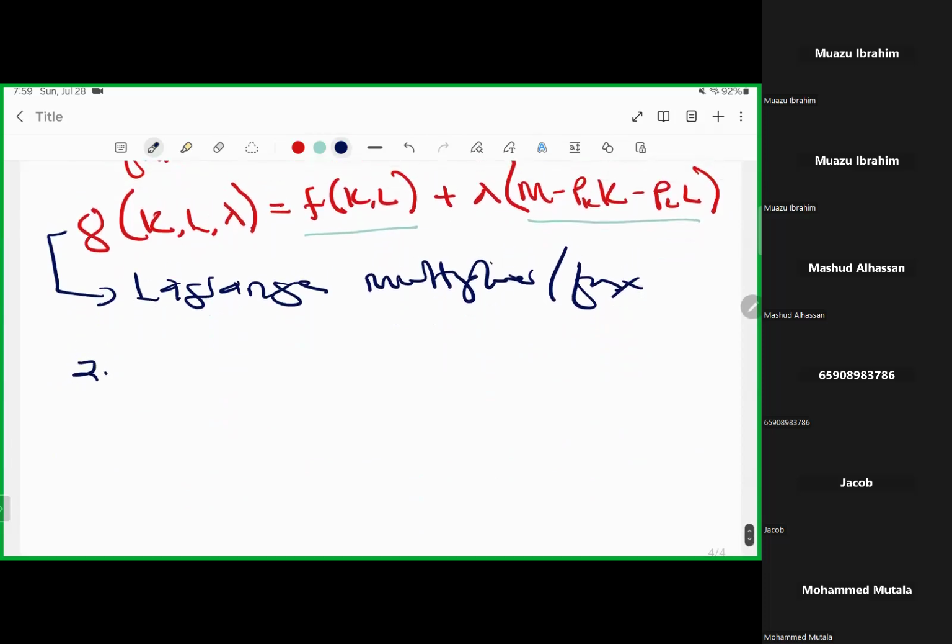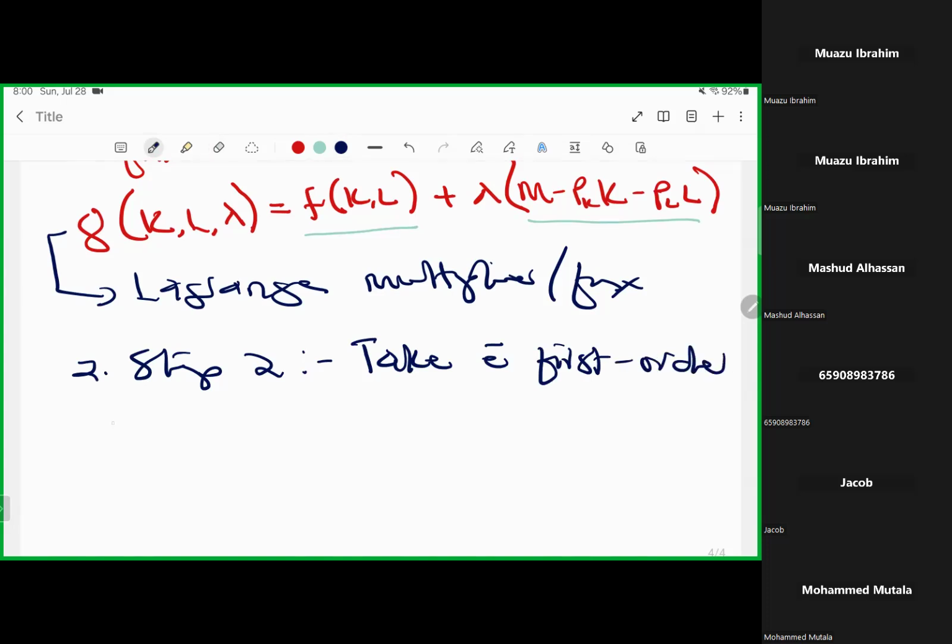The second step, step 2, will involve you as a firm to take the first order partial derivative, let's go quite technical, and we did this last week.